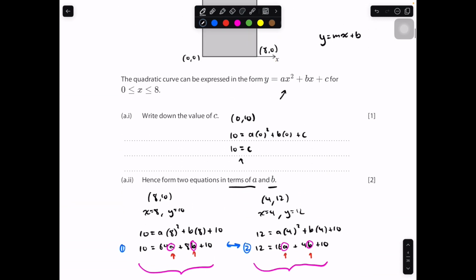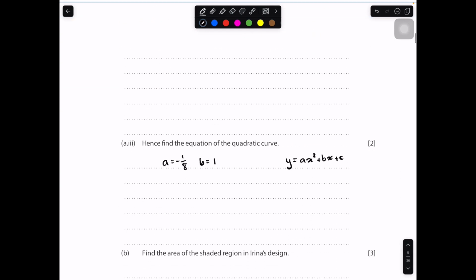So all the way up here they gave us the form of the quadratic, and they said, hey, find a, b, and c. C was equal to 10, so c is equal to 10. Now we can find the equation of the quadratic curve. It's y is equal to negative 1 over 8 x squared plus 1 times x, or just x, plus 10.